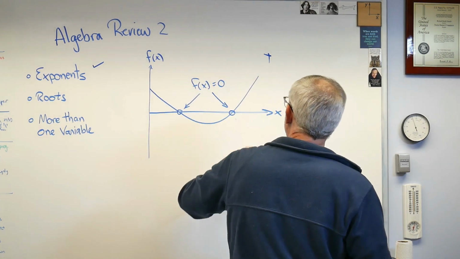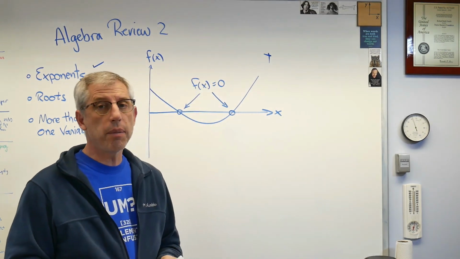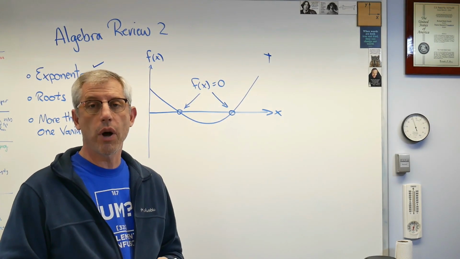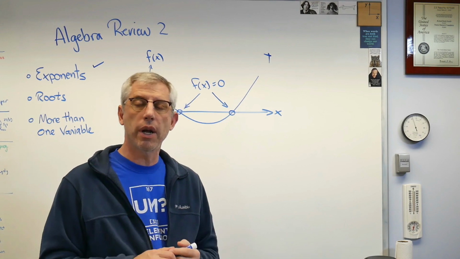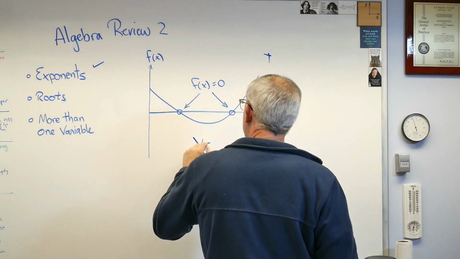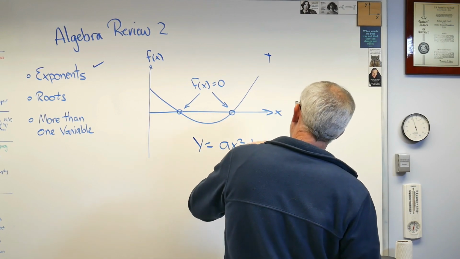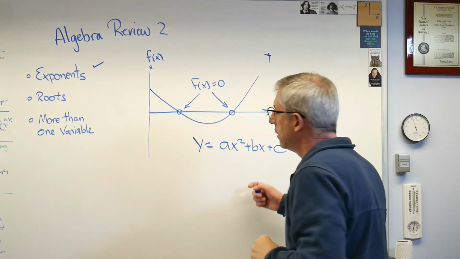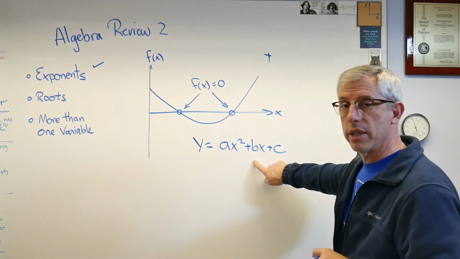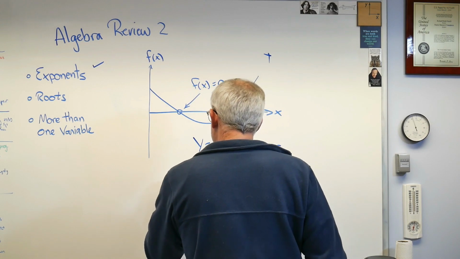So how do you find one? Well, in the case of a parabola, it's pretty simple. There's actually a quadratic equation. A parabola and a quadratic curve are the same thing. So if y is ax squared plus bx plus c, and this is just a general case of a second order polynomial, there is a quadratic equation.